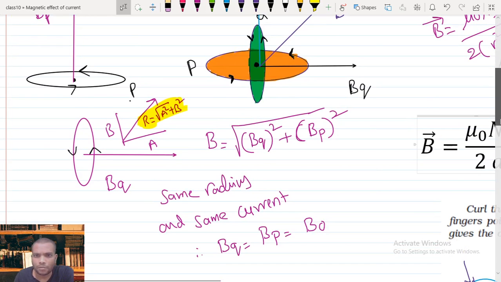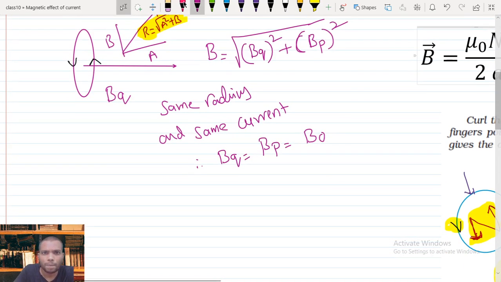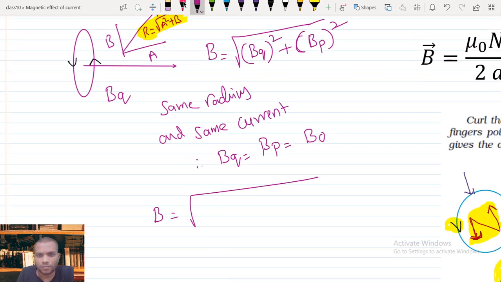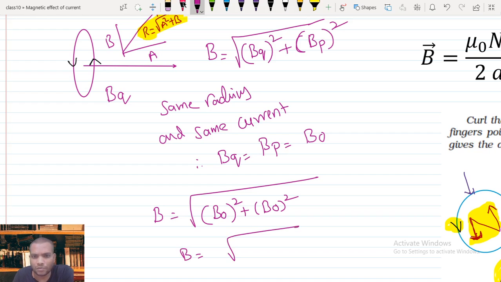Now the above expression changes: B equals the square root of B naught square plus B naught square. I could substitute the magnetic field formula here, but that looks very big, so before that I want to simplify. It becomes 2 B naught square, which simplifies to root 2 times B naught.